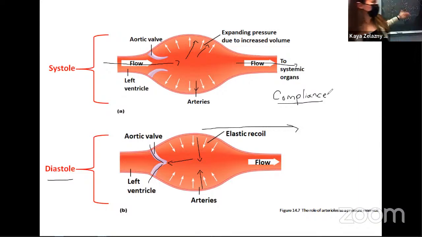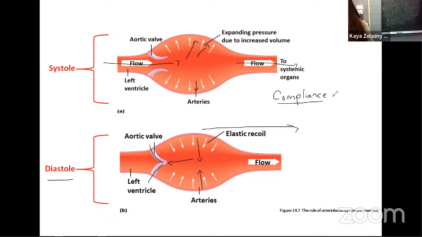So in the future, when we talk about differences between arteries and veins, we're going to talk about arteries as being highly elastic, as pressure reservoirs. We're going to talk about veins as being highly compliant and being volume reservoirs. So if you think about what a vein looks like, at least what we keep telling you a vein looks like, it's floppy, it's flat, it doesn't have very much blood in it in the cadavers.